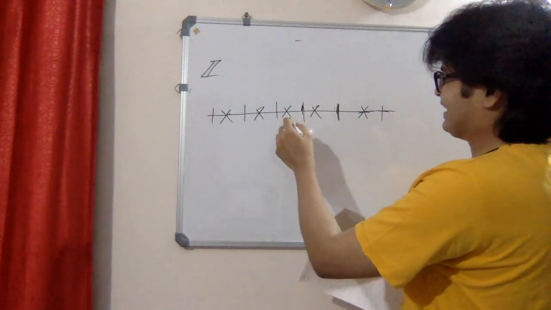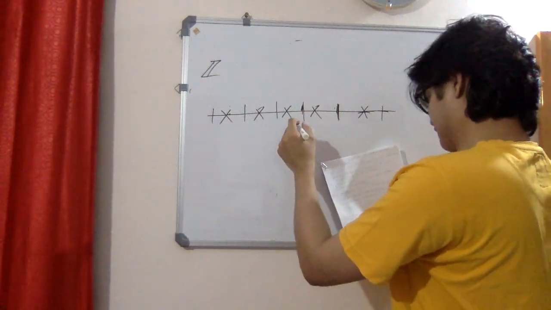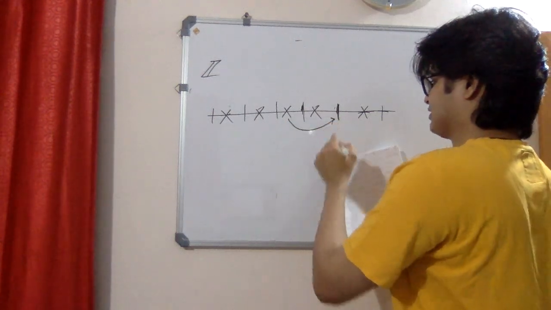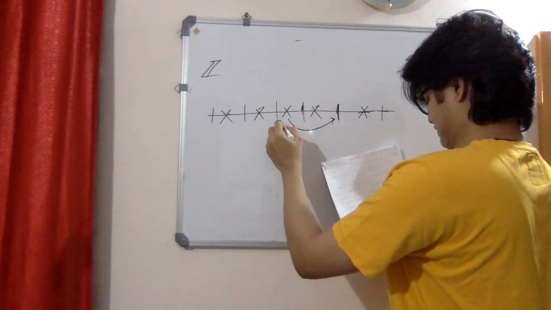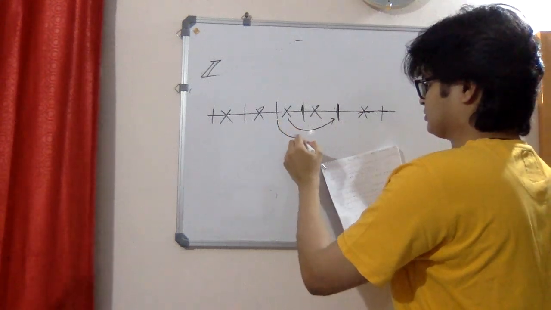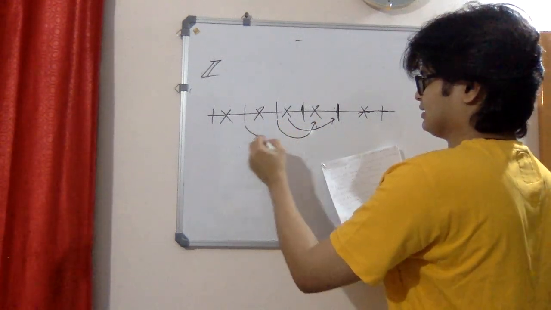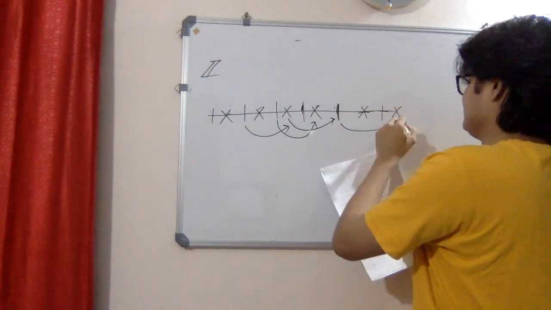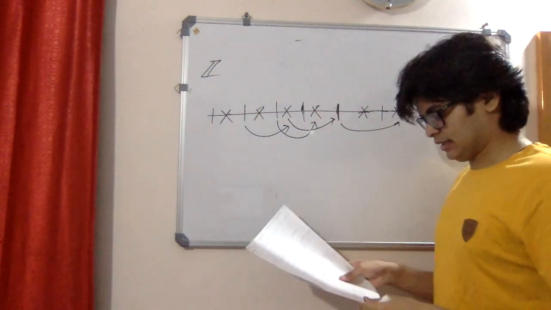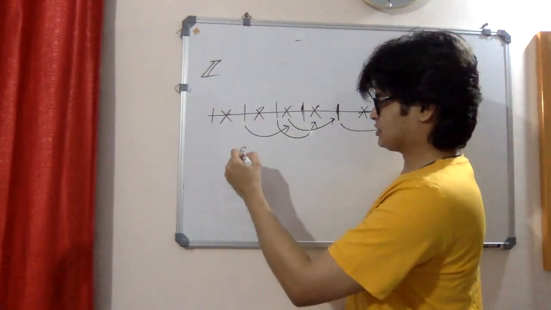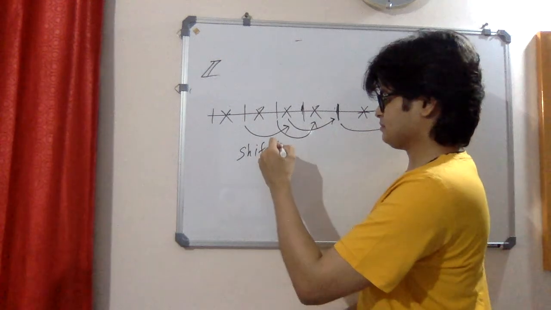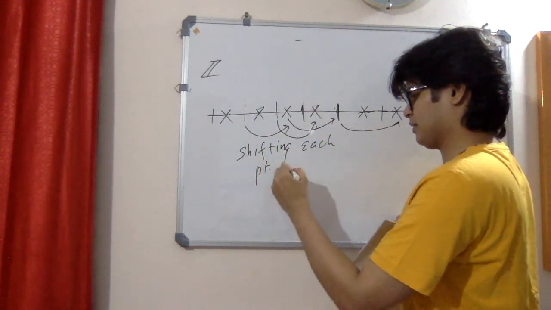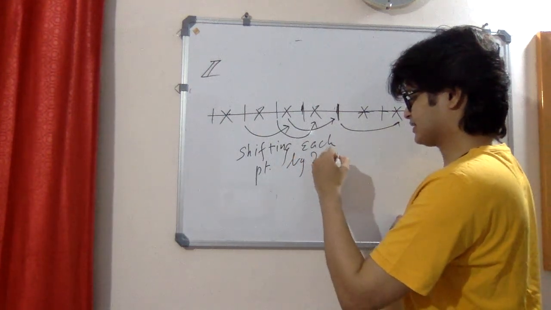So for example, I shift each object by 2 places. That means I shift this to here, this one to here, and this to this, and this goes here, and so on. So I am shifting each point by 2 units.